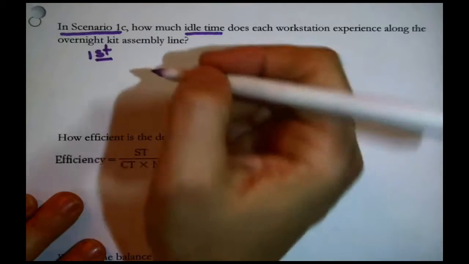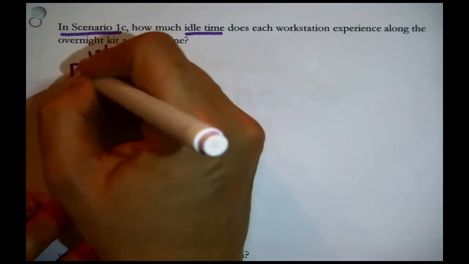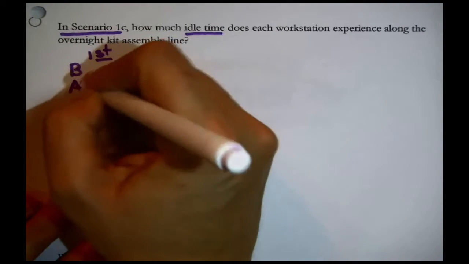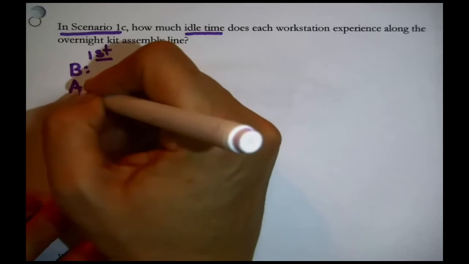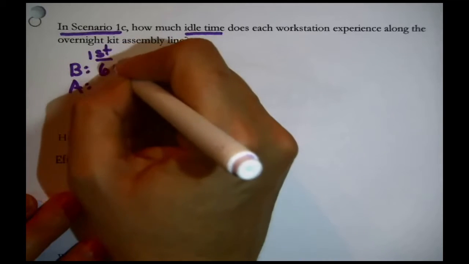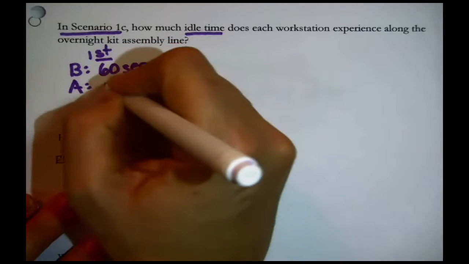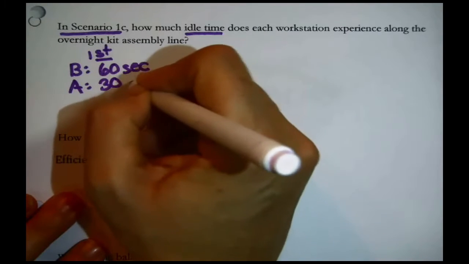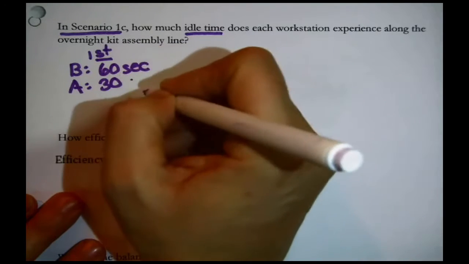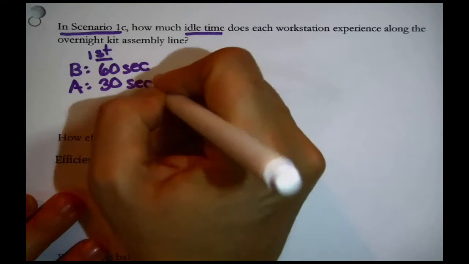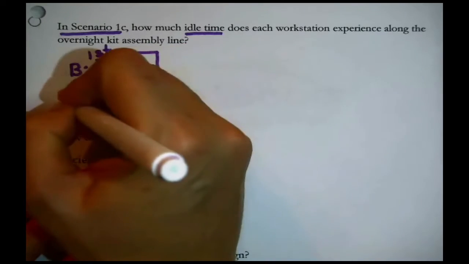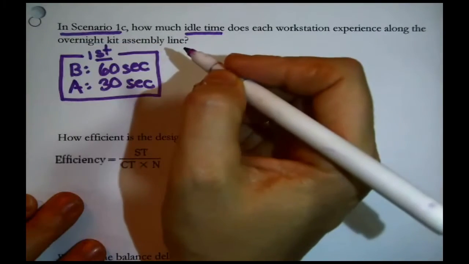At the first workstation, this is what we decided. Tasks B and then task A will be performed. Task B, this was just data that was provided, was 60 seconds, and task A was 30 seconds. All of this represents the first workstation in that design.